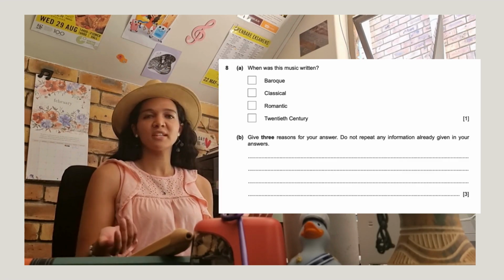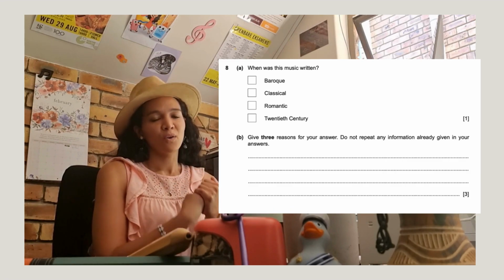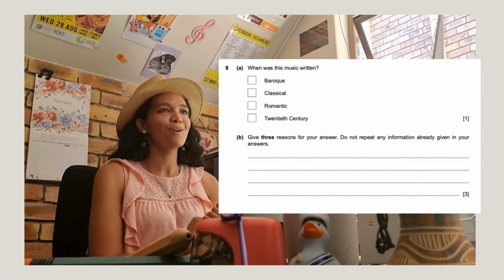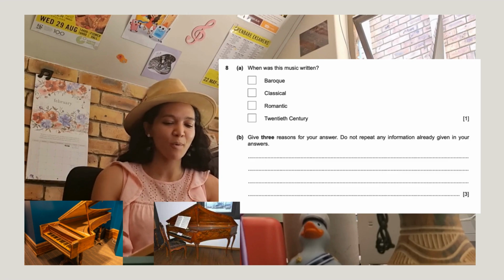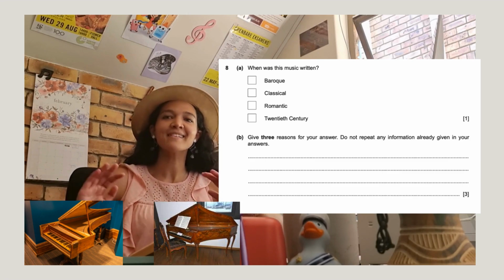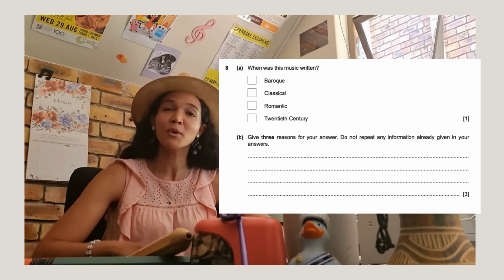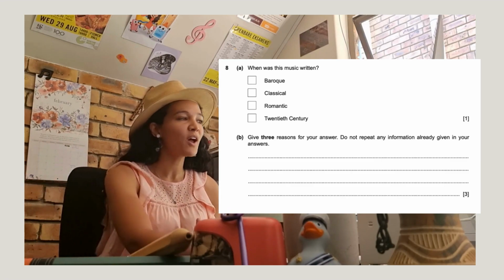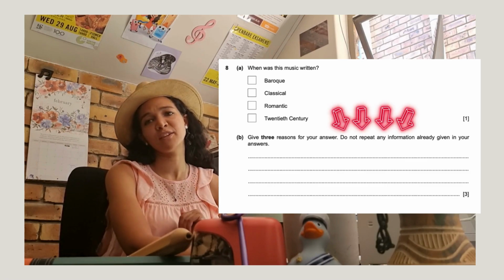So, of course, in question 6, when we had to write down which instruments accompany our extract, we wrote down harpsichord. So the big thing for Baroque would be those Baroque keyboard instruments, you know, your harpsichord, your spinet, anything like that. But right now we cannot write down the word harpsichord or this is Baroque because I hear a harpsichord in the background. We can't do that because it says do not repeat any information already given in your answers.